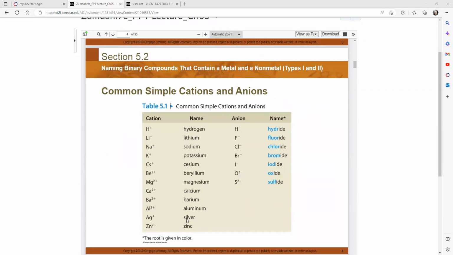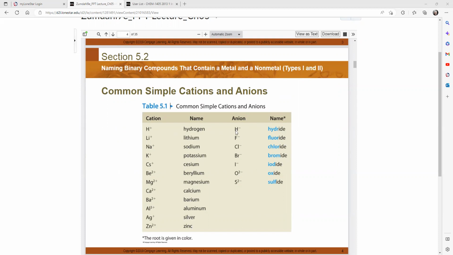For example, the cations in general have the same name of the element, but the anion changes the ending by ide.